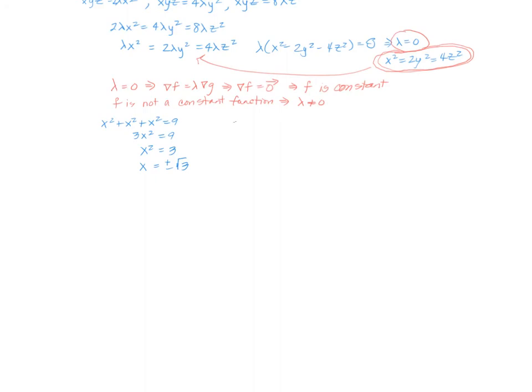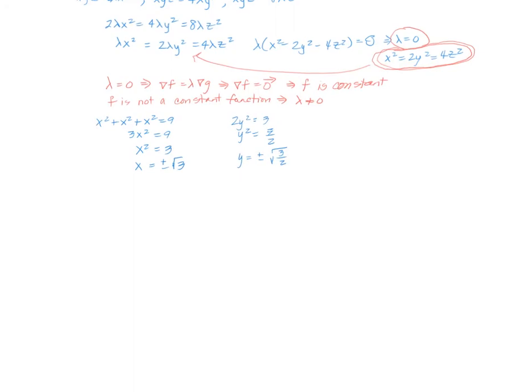That would give me that 2y squared is equal to 3, y squared is equal to 3/2, which means that y is equal to plus or minus the square root of 3 over 2.